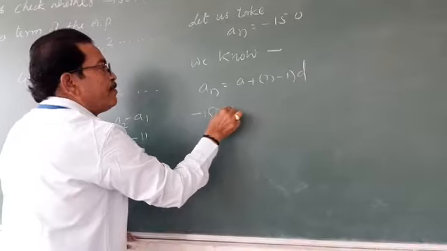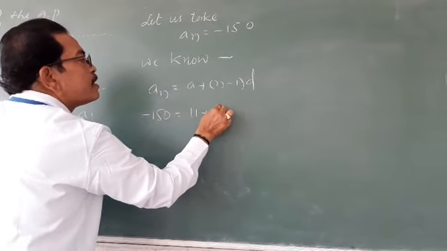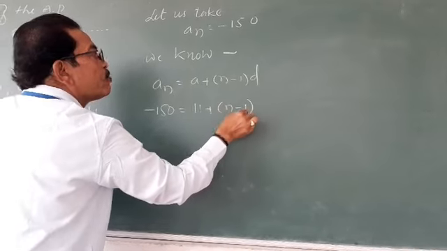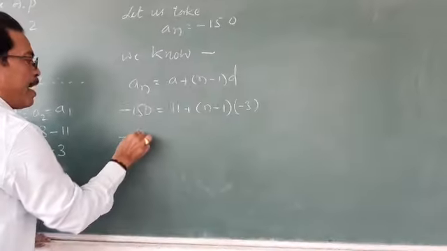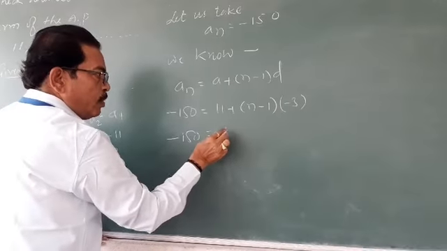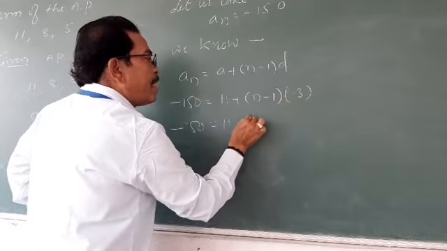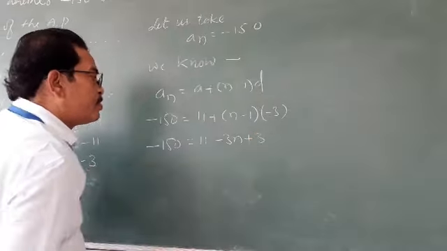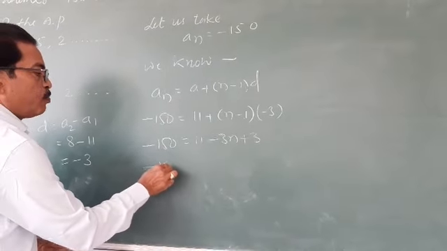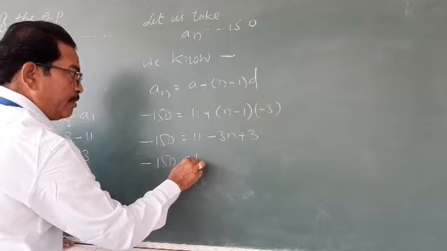Minus 150 equals a is 11 plus n minus 1, d is minus 3. Okay, minus 150 equals 11 plus into minus, minus 3n. Minus into minus, plus 3 ones are 3. Minus 150 equals 11 plus 3, 14.